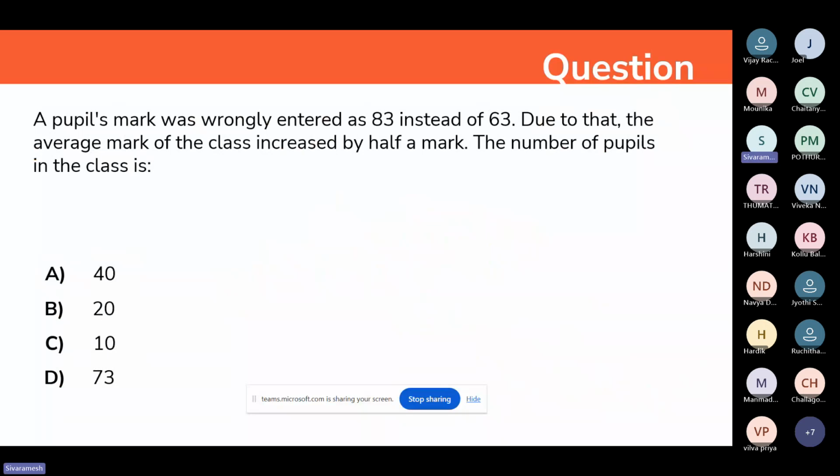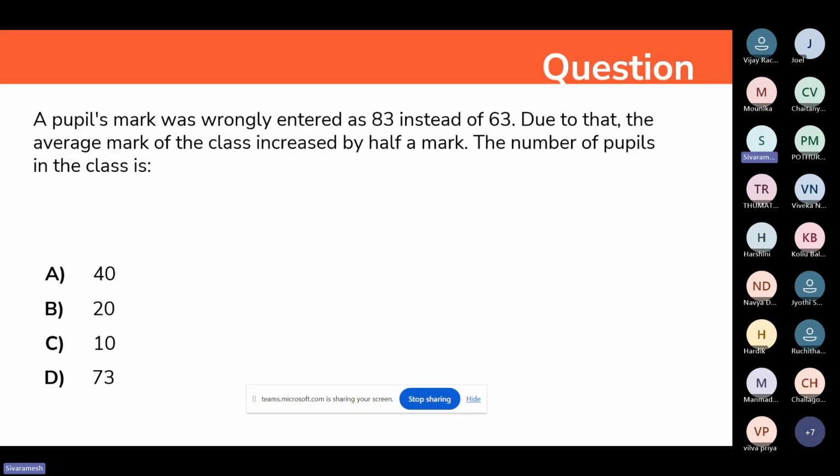Can you try this question? A very important type of question in averages. You will find these types of questions even in Google. There are so many cases in placement exams, and what I observed is they ask this question in the exam. So try this.